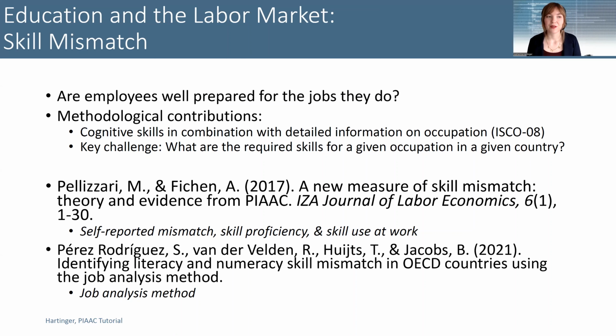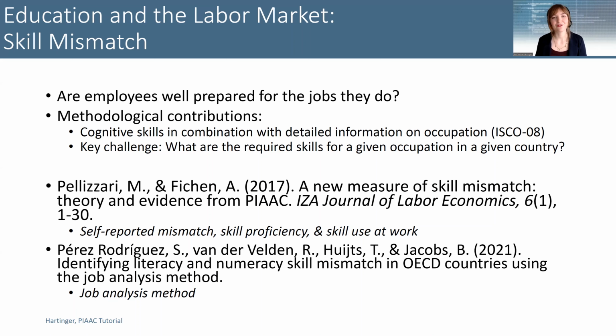The key challenge when investigating skill mismatch with PIAAC is to understand what the required skills are for a given occupation in a given country. Now, there are different approaches here. The first paper cited on this slide uses a very PIAAC-focused approach in measuring the required skills and not just the actual skills that the employees have. So these authors focus on self-reported mismatch.